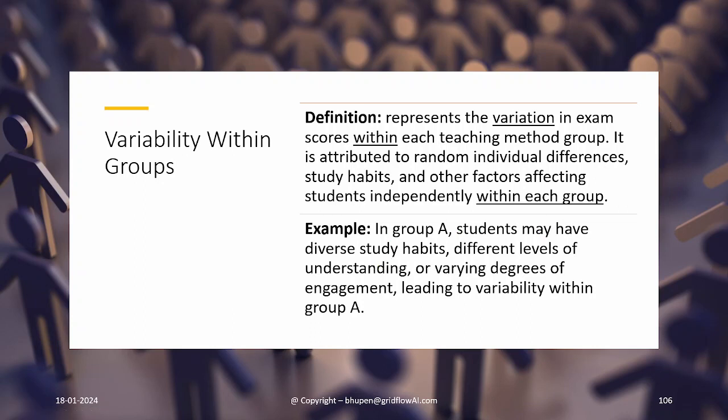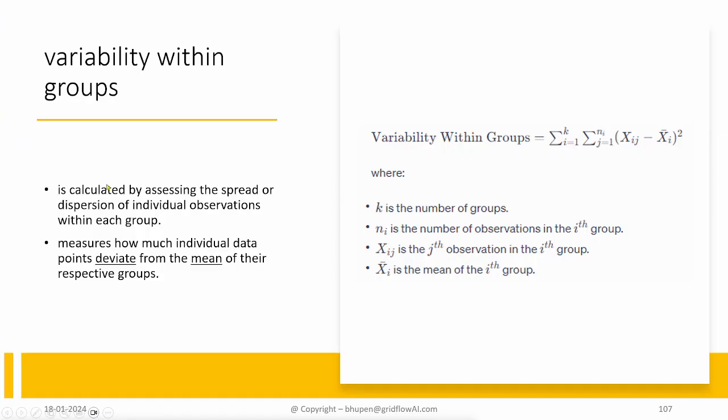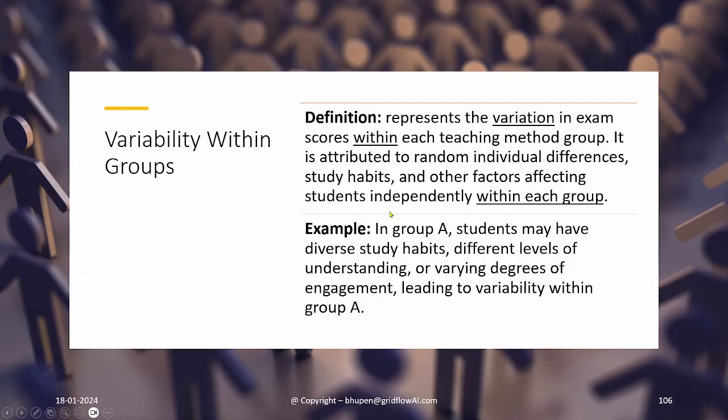The students in group A could have different behavioral patterns, study habits, or prior knowledge, or ability to understand faster or slower, whatever it is. So this is about diversity within the group. That's the variability within the group.